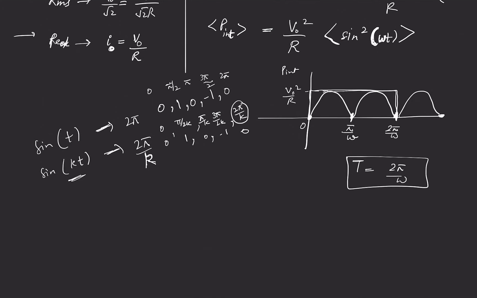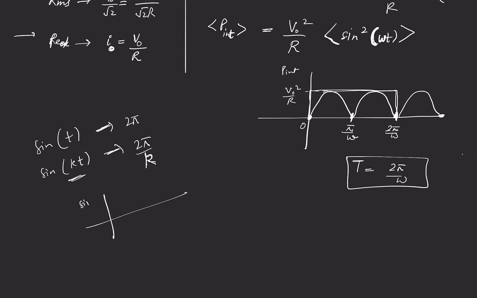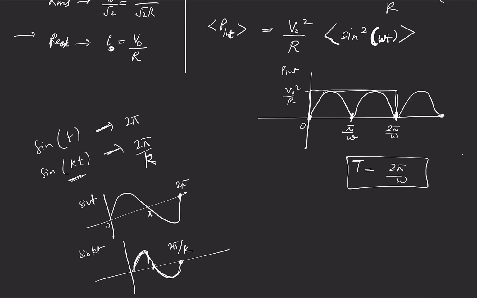The graph of sin t would be something like this, with pi here and 0 here, and the graph of sin of kt would be something like this, with 2 pi by k here. It would complete its cycle earlier than the original sine function.